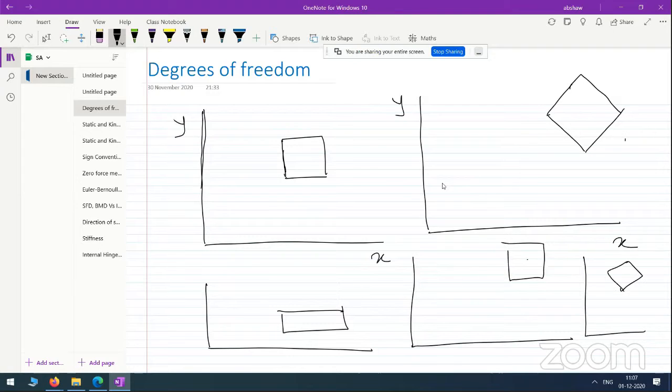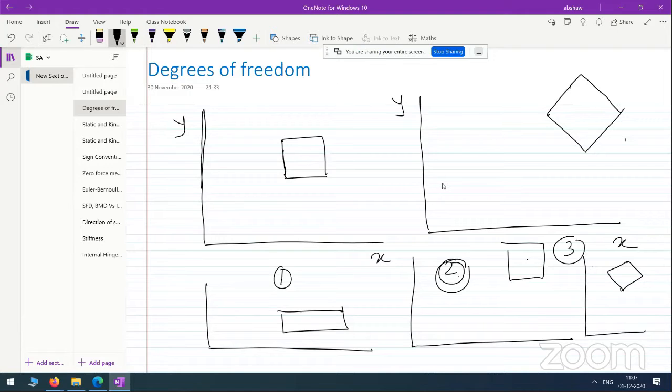So you will get the final configuration. We need this information, and this information, and this information. These three pieces of information are independent. From just one of them we cannot comment on the other two. So these motions are independent.